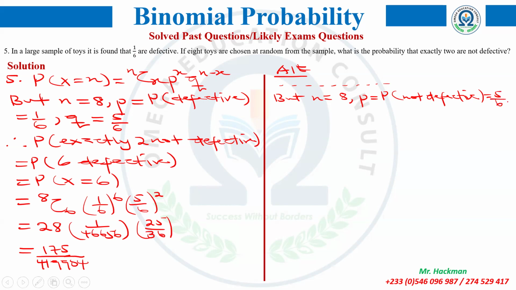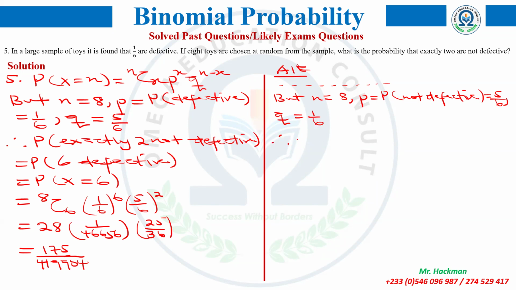You get it? Yes, miss. Then comma your q, which will now be the defective, which will be 1 minus 5 on 6. So that will be what we have here. In any case, that was given directly. Okay, so let's see what will happen.